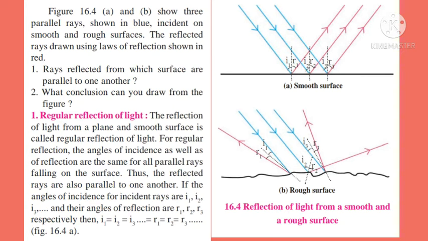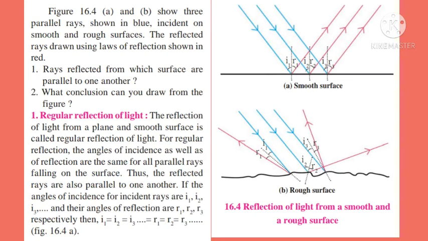In the picture, the blue colored rays are incident rays and the red colored rays are reflected rays. So, rays reflected from which surface are parallel to one another? Rays reflected from the smooth surface are parallel to one another.